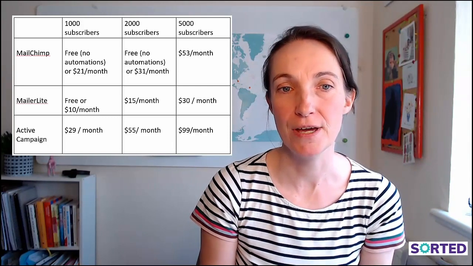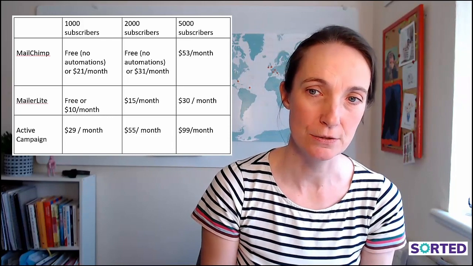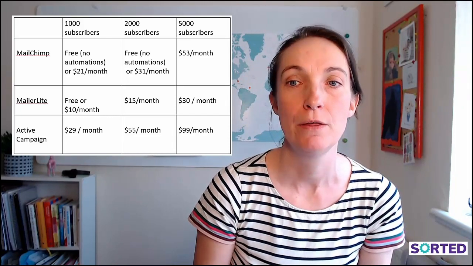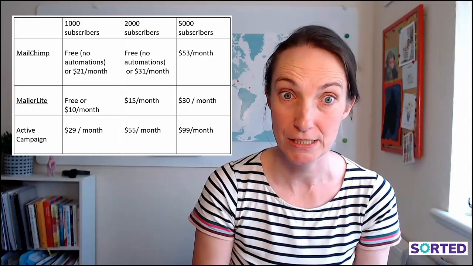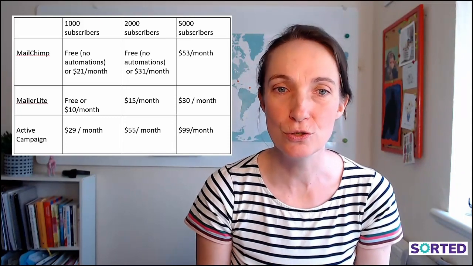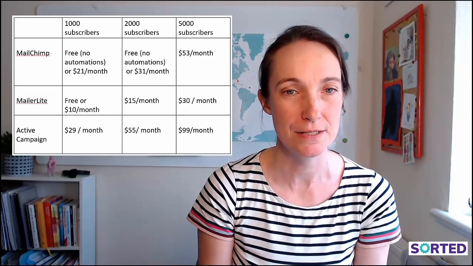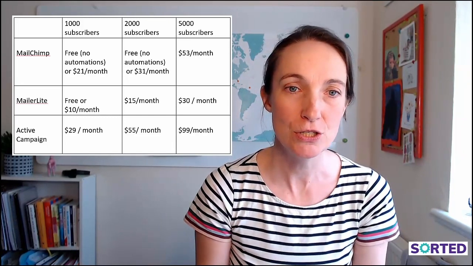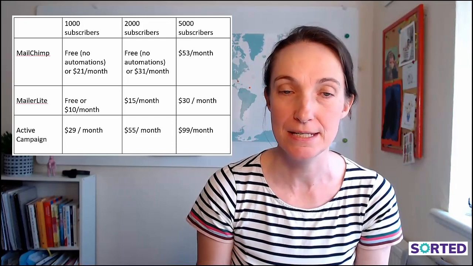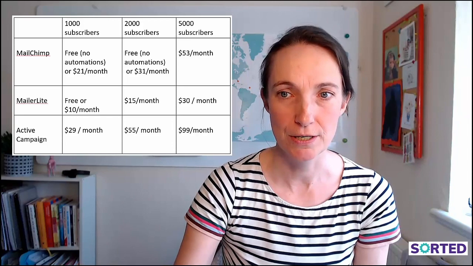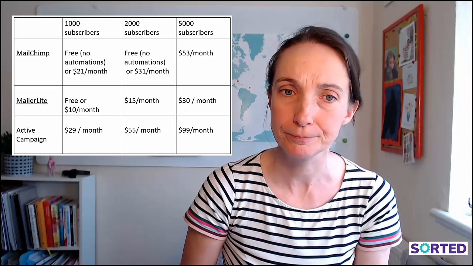ActiveCampaign for 1,000 subscribers, you're looking at $29 a month. That's on their first level plan, which gives you the automations that we've already been through. When we get to 2,000 subscribers, MailChimp is free actually up to 2,000 subscribers, if you really just want it for that very basic sending, no particular automations, apart from that when you sign up you get 1 welcome email.